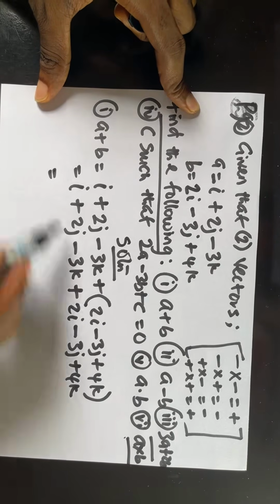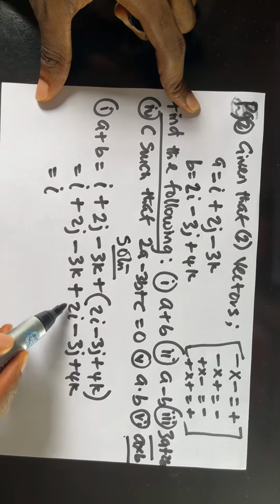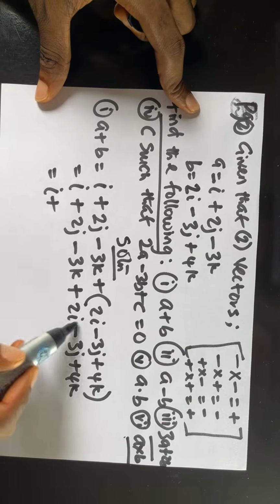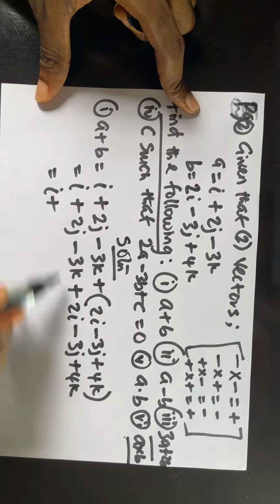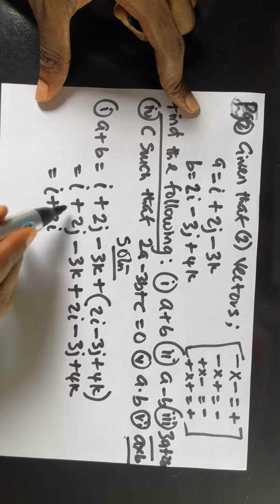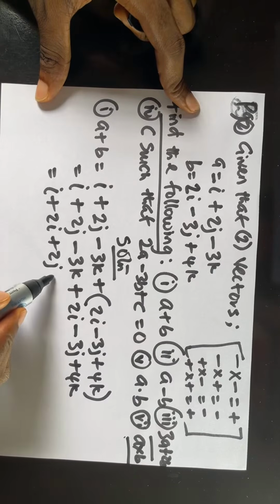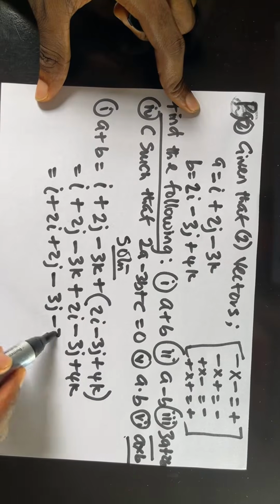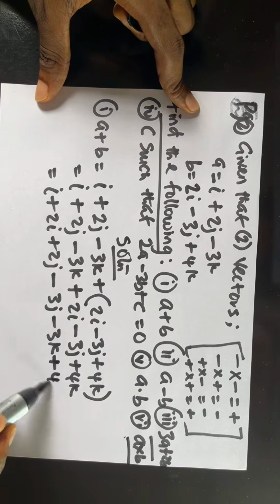We collect like terms. Very important. So my I, here's another I. This is another I here. Plus, you carry the sign and the one having I similar to the I here. So plus 2I, plus 2J, which is this, minus 3J, minus 3K plus 4K.